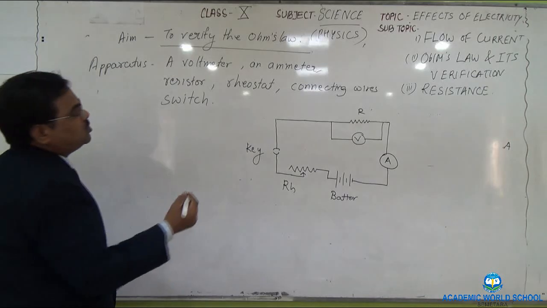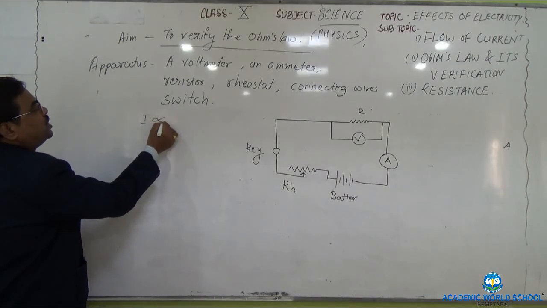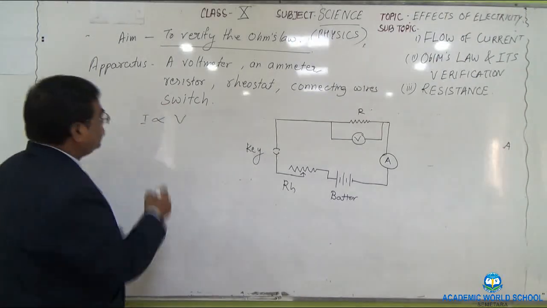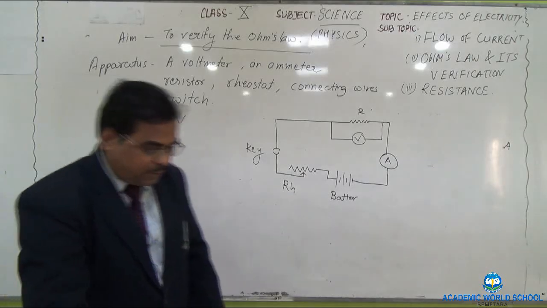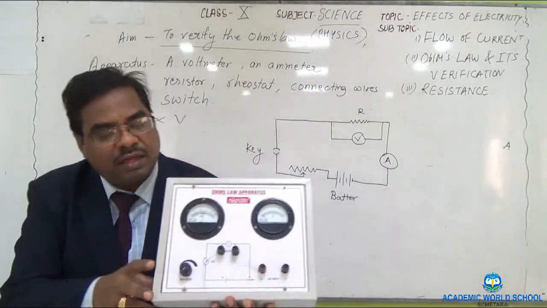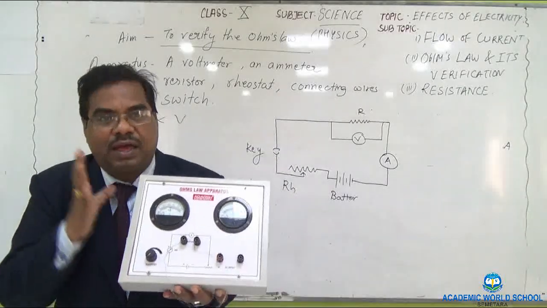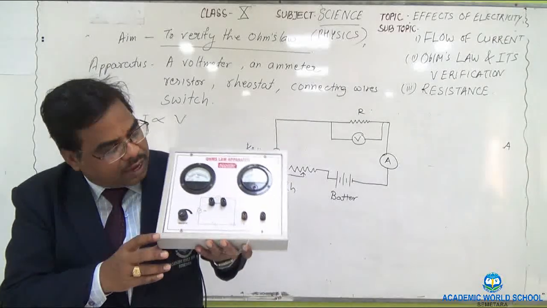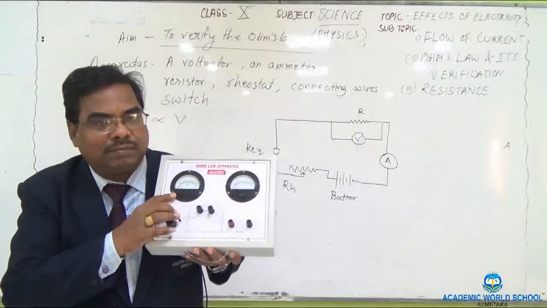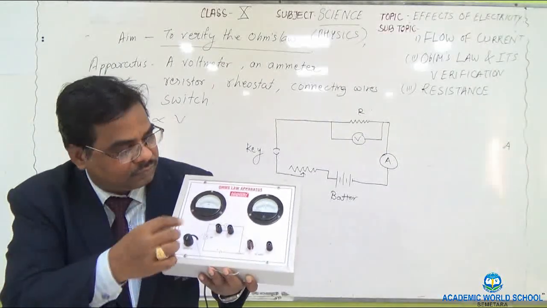So according to Ohm's law, the theory says current is proportional to potential. Let us see it experimentally. Now this is the Ohm's law circuit board. I have a ready-made set for this, and here I have an ammeter and a voltmeter.